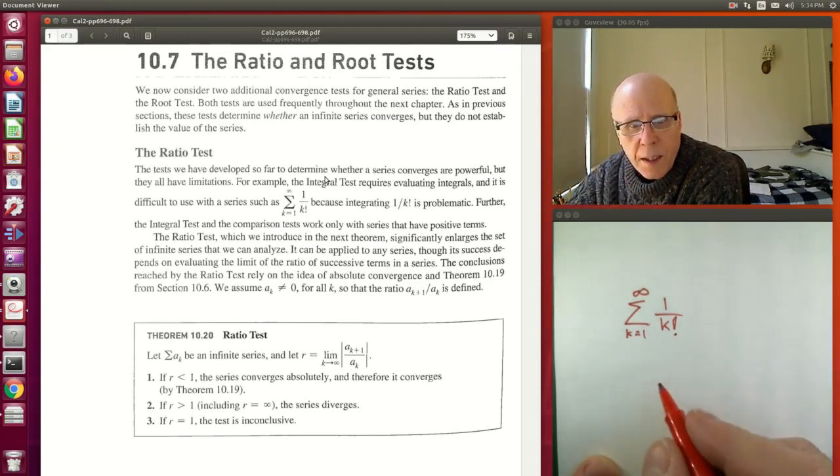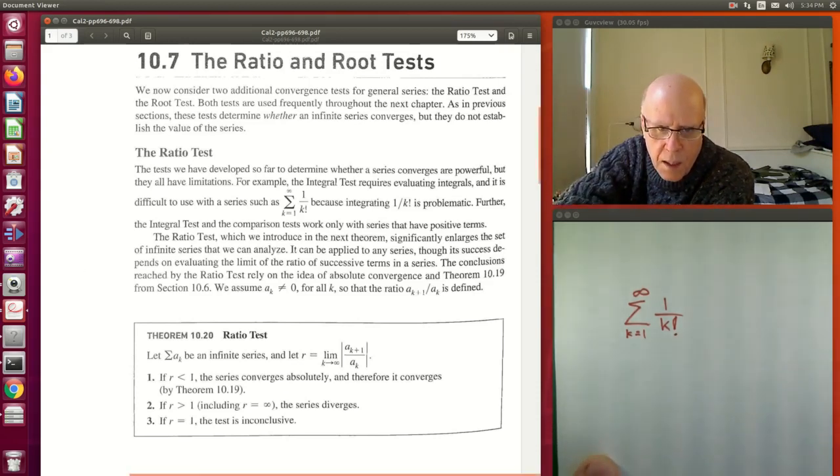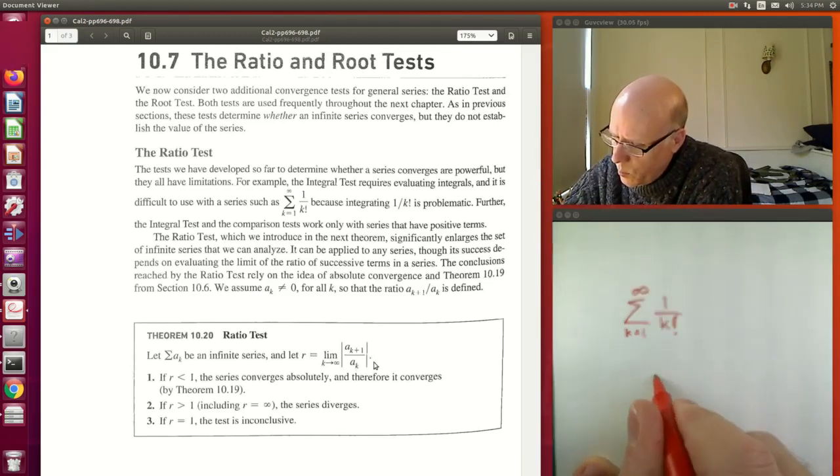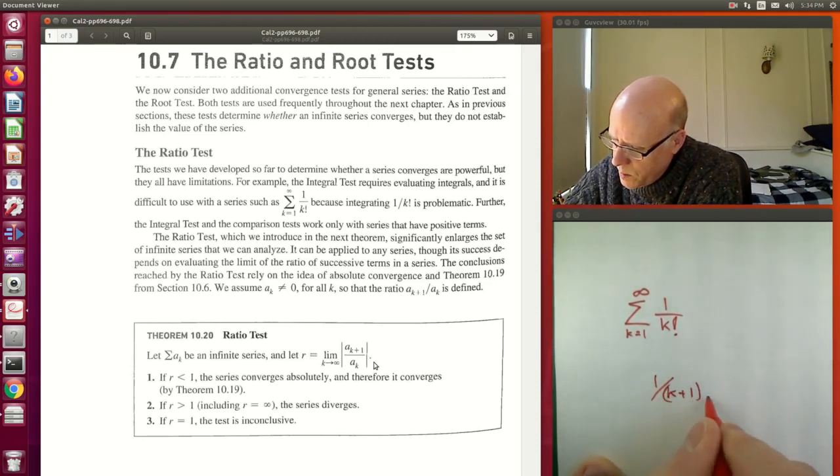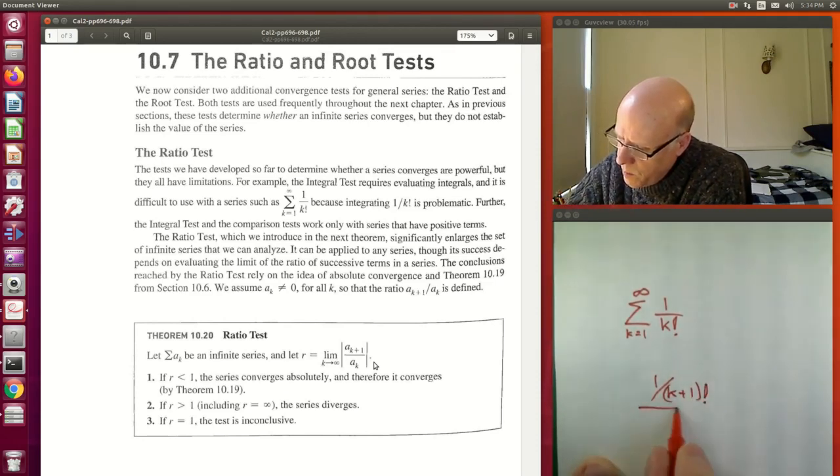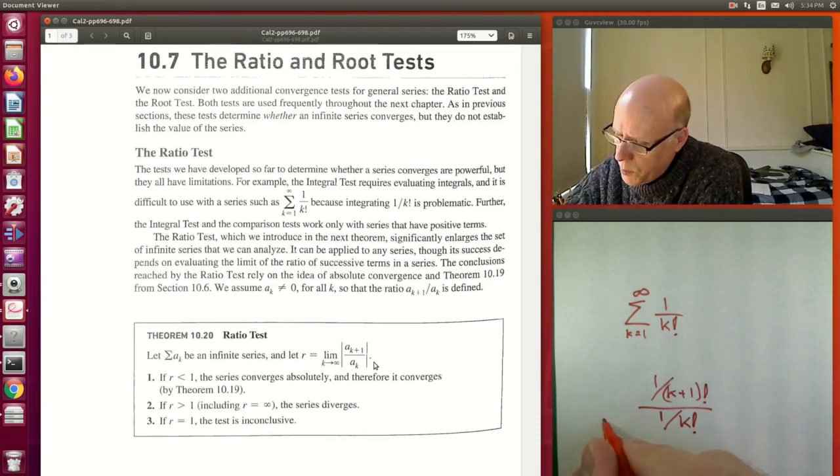We look at the ratio of the next term to the previous. So we're going to look at 1 over k plus 1 factorial divided by 1 over k factorial, and then we'll take the limit as k goes to infinity on that thing.